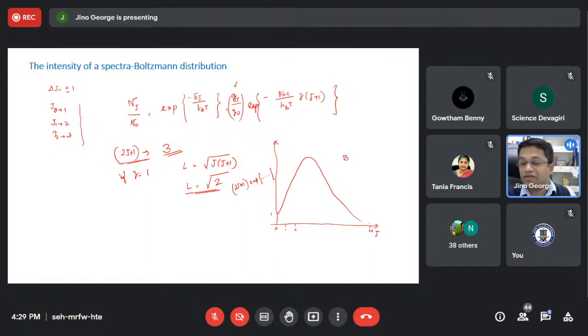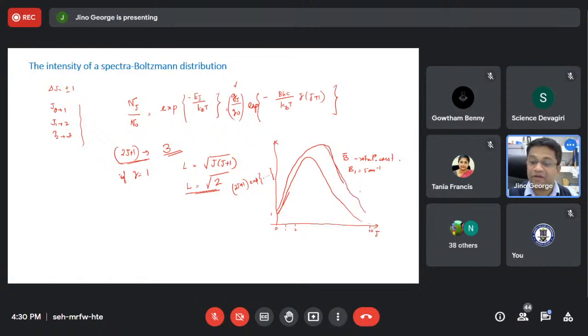So these will change with respect to B, or in some books you will see B bar, which is your rotational constant. If B1 is 5 centimeter inverse, the spectrum will look like this, and if it increases, you will see that it shifts.